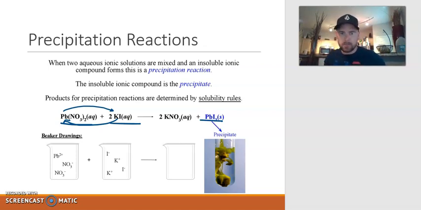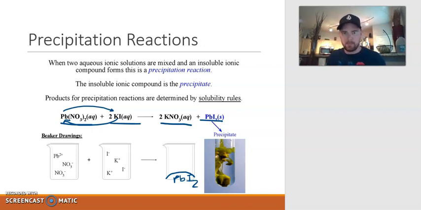So what would this resulting beaker look like? Well, first of all, you would end up having the clump at the bottom here. And this is going to be where you would write PbI2. Notice I don't break anything apart because it's a solid. But then you also need to make sure this second product, and I put product in quotes for a reason there because you don't actually make anything. We'll talk about that in a moment.